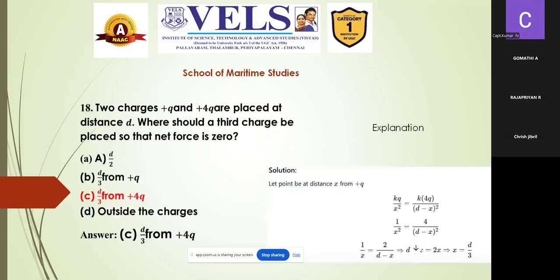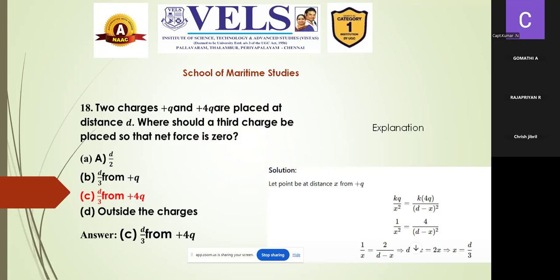Our next question is, two charges plus Q and plus 4Q are placed at a distance d. Where should a third charge be placed so that net force is 0? Let the point be at distance x from plus Q. Kq by x square is equal to k into 4Q divided by d minus x whole square.